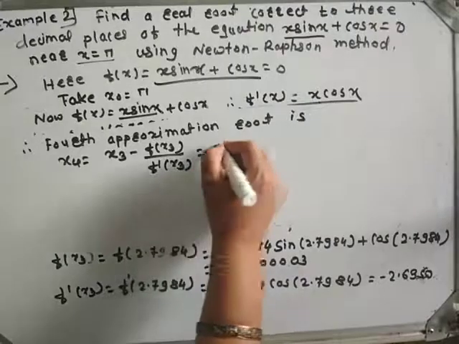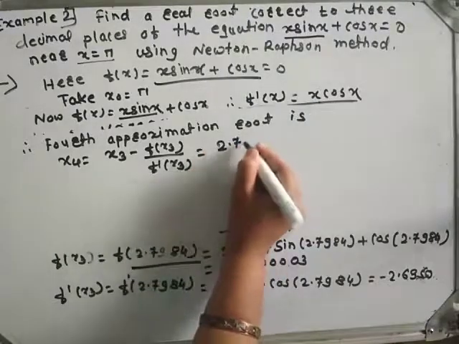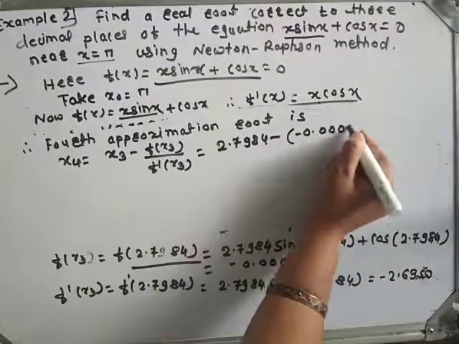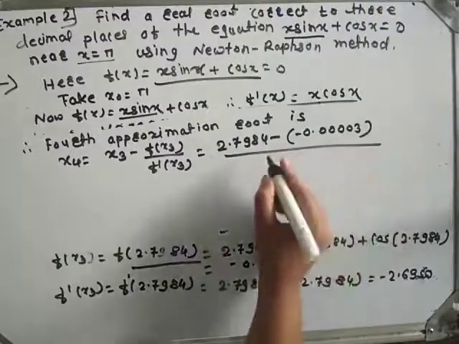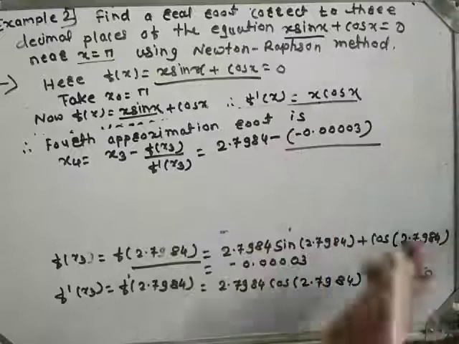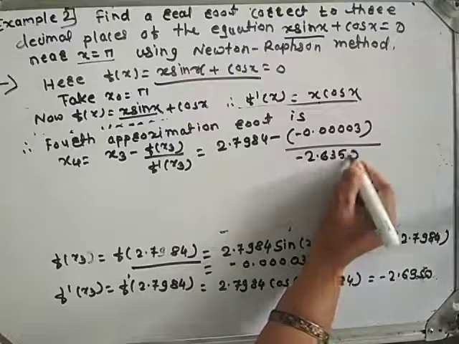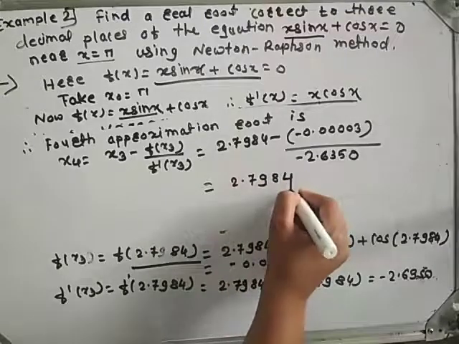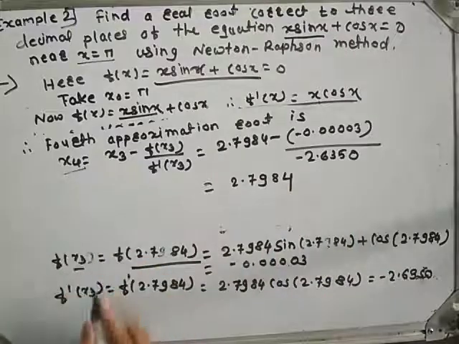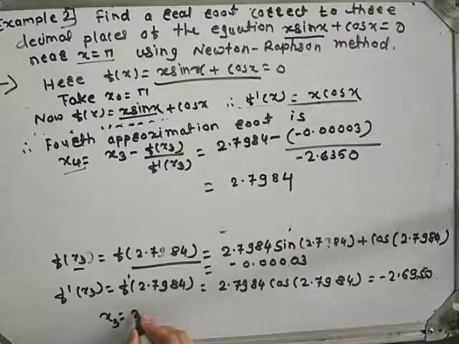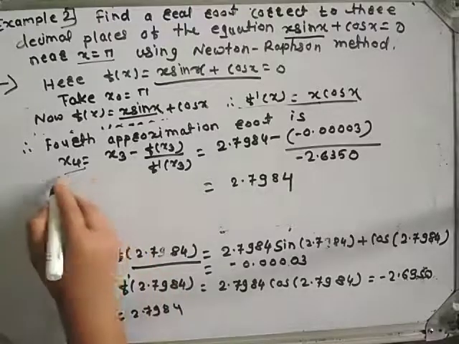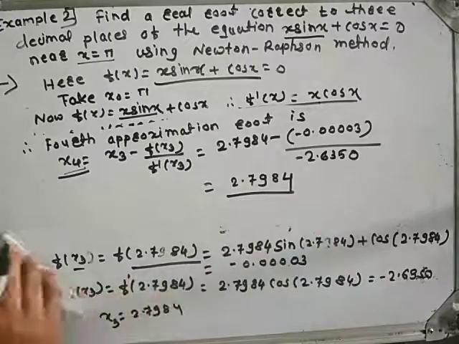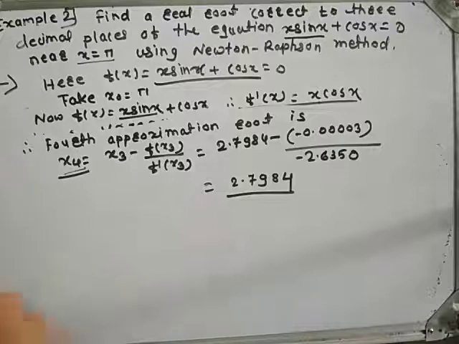Here x3 is 2.7984 minus f of x3 is minus 0.0003 upon minus 2.6350, which is equals to 2.7984. Here observe that x3 is equals to 2.7984 and x4 is also 2.7984. Therefore, here x3 and x4 are equal.